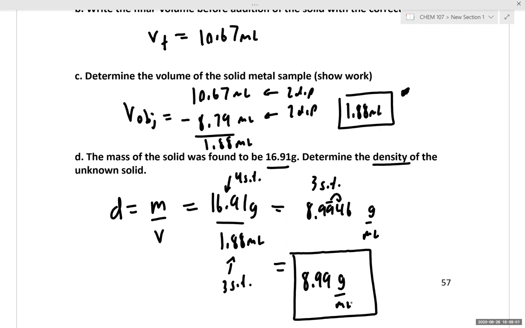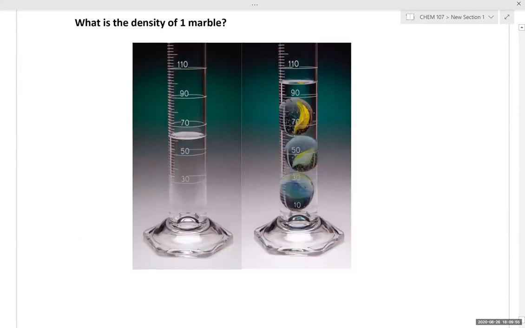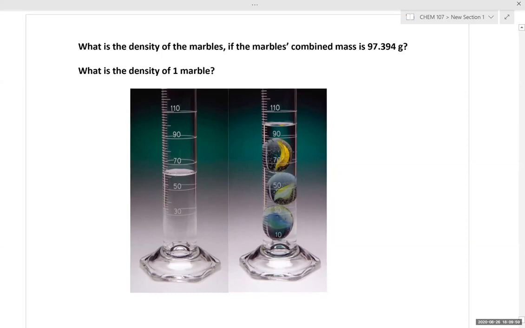If not, let's attempt a cumulative example for this section on density. I'd like you to determine the density of this group of marbles if their mass is 97.394 grams. I'd also like you to tell me what is the density of one marble. Your first order of business is to figure out your initial and final volume.